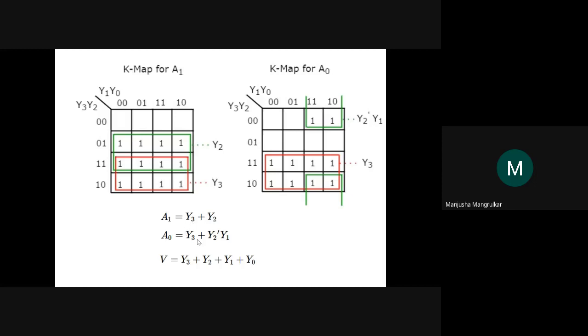It puts into the K map. What is the A1, and the rest all are the don't care conditions. So these are the don't care conditions. So this is Y2 and Y3. This is Y2 plus Y3, and V is equal to Y3, Y2, Y1, Y0.